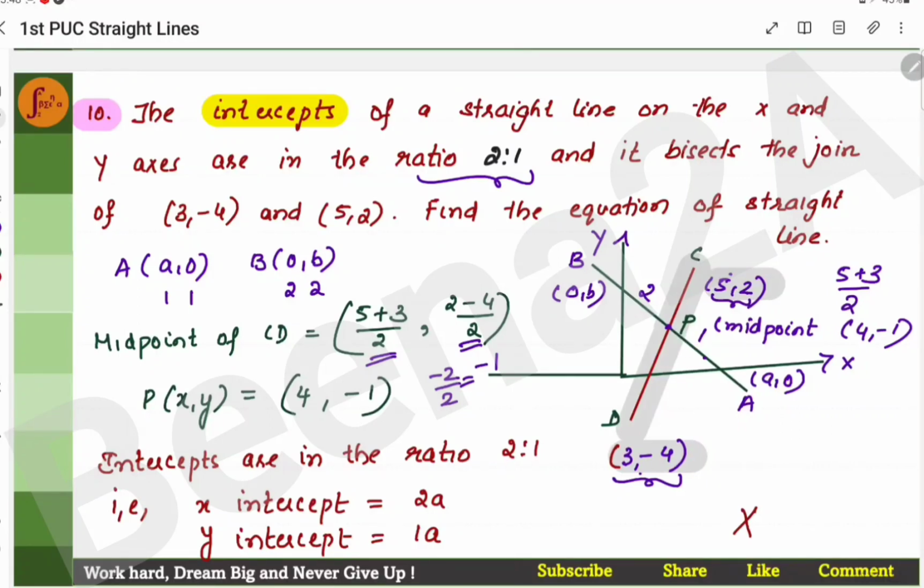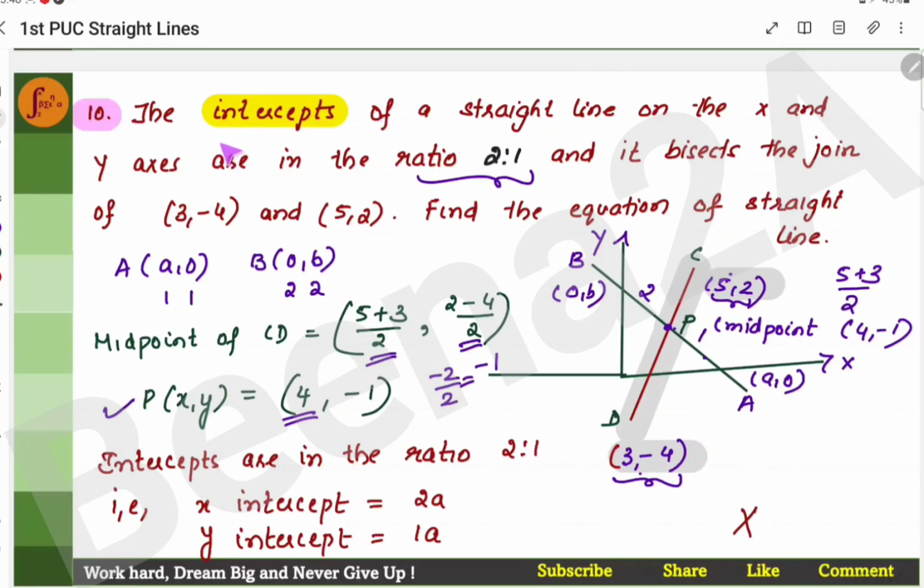In all the earlier problems, the value of the point was given to us. Here, the only difference is that we need to find the point, so using the midpoint formula we found 4 comma minus 1. Now the intercepts are given directly.